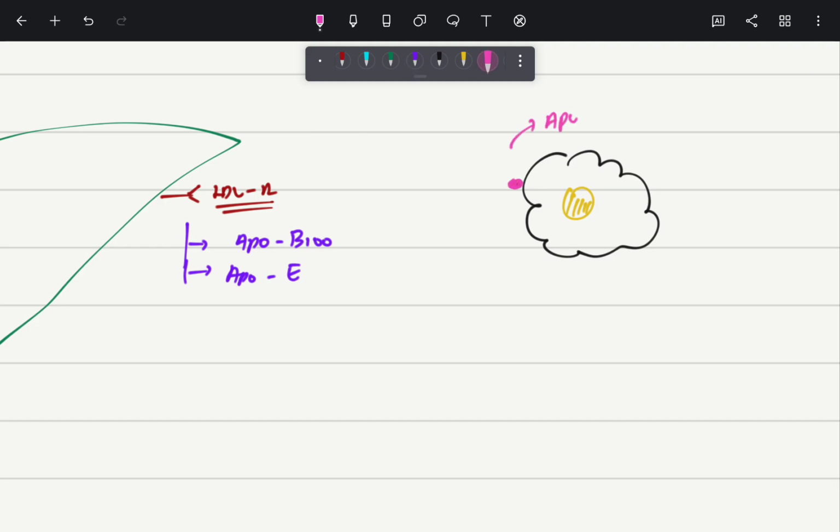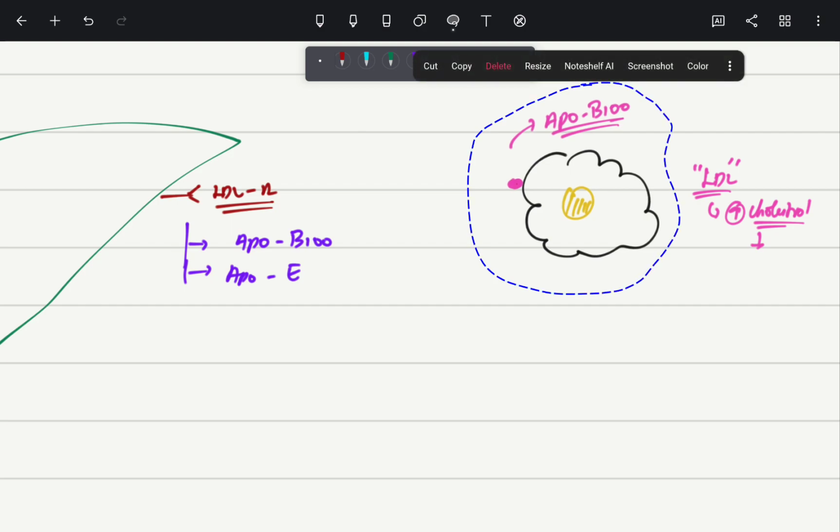It will have apoprotein B100. Since low density lipoprotein contains a lot of bad cholesterol, this cholesterol should get metabolized in the liver, or else the cholesterol will increase in our body and there will be atheromatous plaques. In order to prevent this, the metabolization of the LDL should take place. Now how is this going to take place? As I already told you, low density lipoprotein will have the ApoB100 protein present on it.